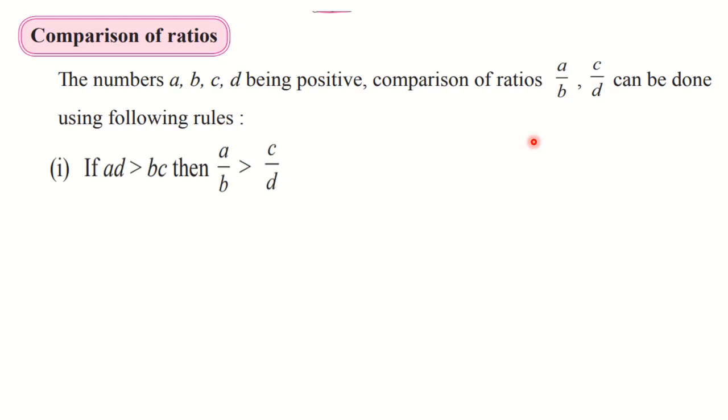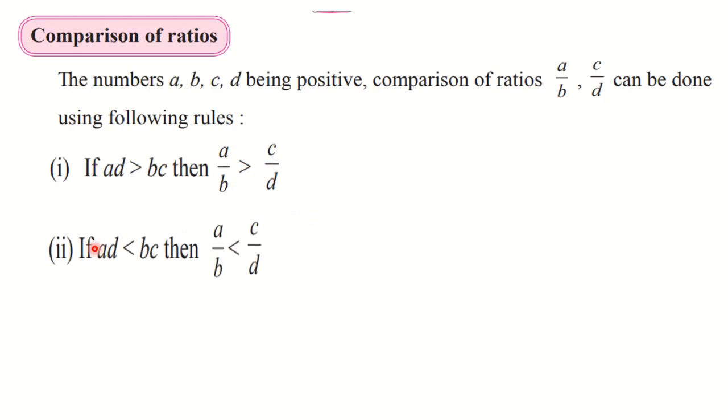So the very first rule is, after doing the cross multiplication we have to compare, as I have said, A into D, that means AD, and C into B, if we write it properly, that means BC. If AD is greater than BC, then the first ratio, that is A upon B, is greater than C upon D. Okay, this is the first rule.